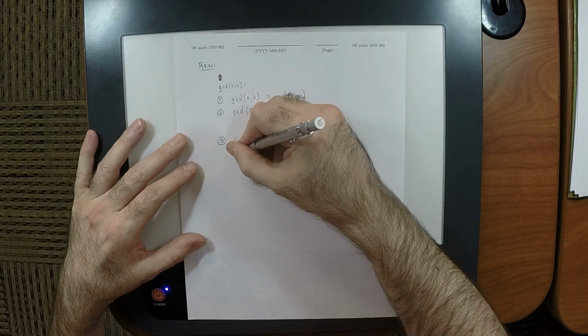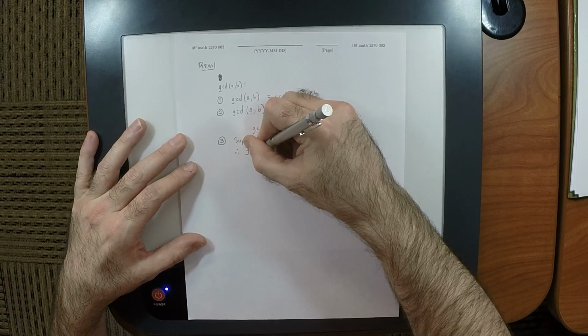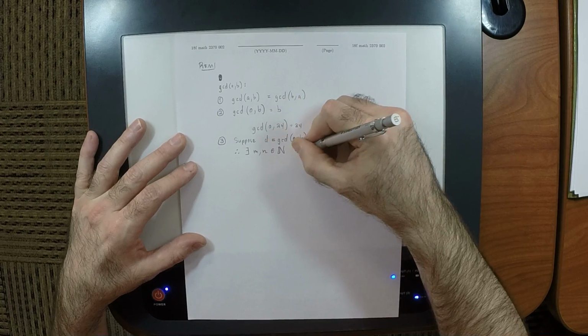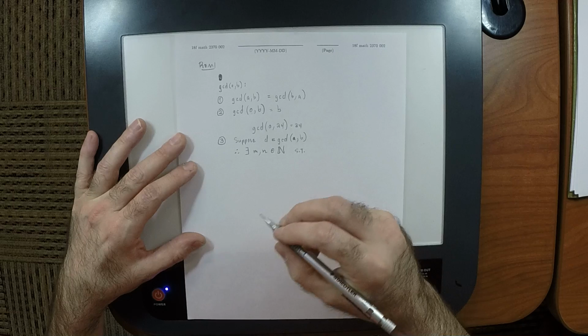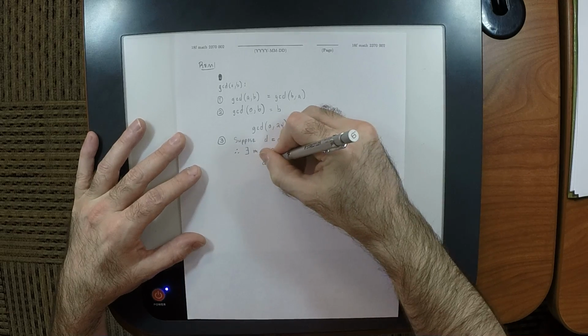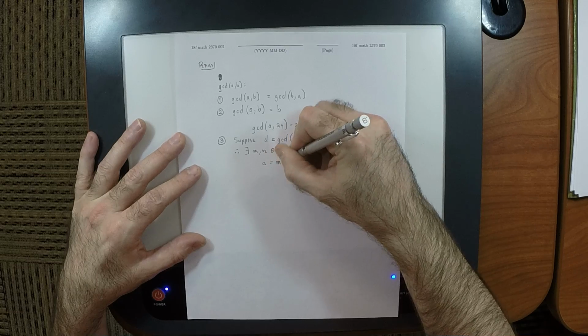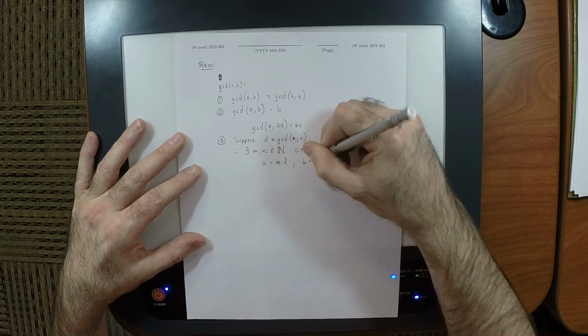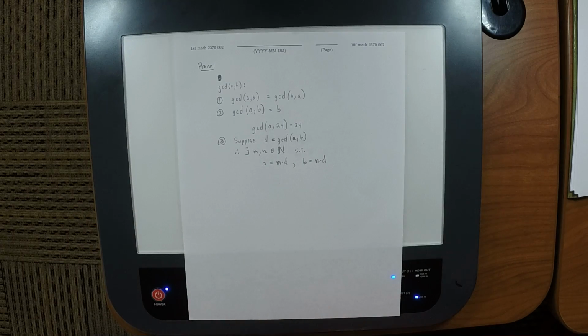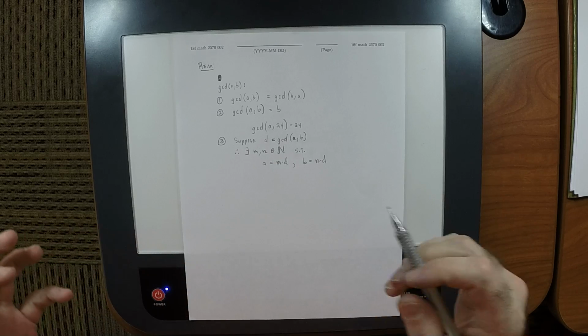By definition, we can say, therefore, there exist little m and n in the naturals such that A is MD and B is ND. That's what it means, since if D is the greatest common divisor, then it is a divisor.